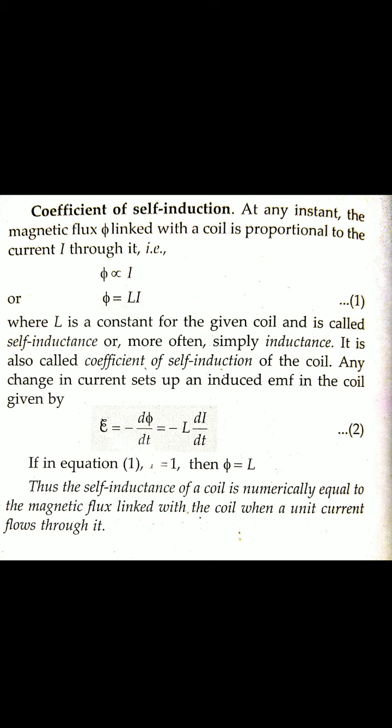As we know, E equals minus d phi by dt, so E equals minus L into di by dt. In equation 1, if we put I equals 1 ampere, then phi equals L. So the self-inductance of a coil is numerically equal to the magnetic flux linked with the coil when a unit current flows through it.